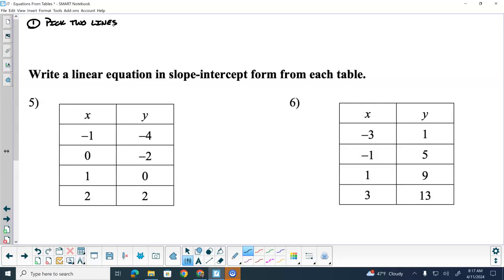Okay, so let's pick 2 lines. Which 2 lines? 1, 2, 3, and 4. 1 and 2. All right, that works for me. So we looked at these 2 numbers and we figured out what the change there was, right? Okay. And then we looked at these 2 numbers and we found out what the change there was, right?